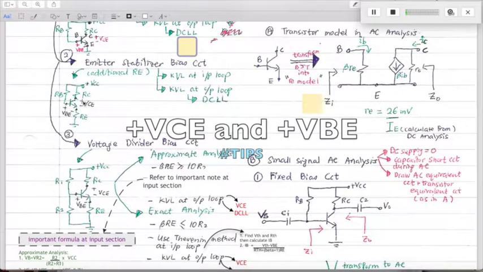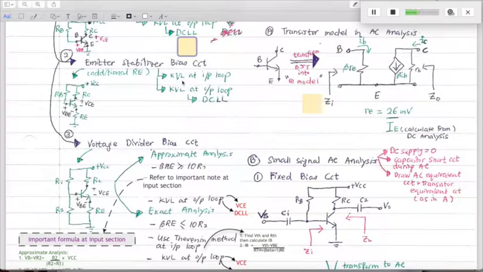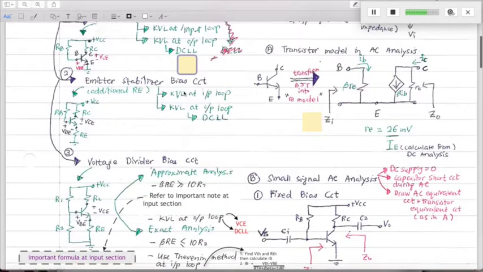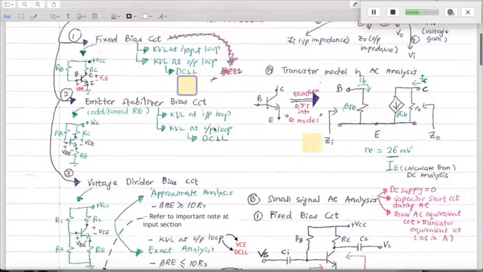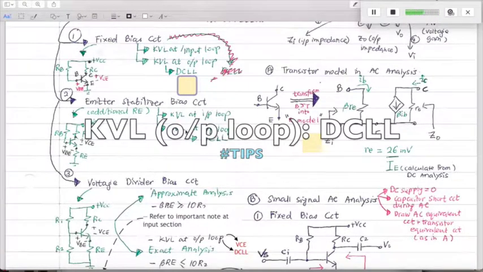Again, please write down the plus VCE and plus VBE so that each time you do the KVL, you don't miss them out in your calculation. The same thing: KVL at the input loop and KVL at the output loop, and the DCLL can only be obtained from the KVL at the output loop.